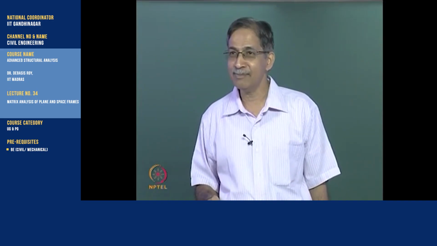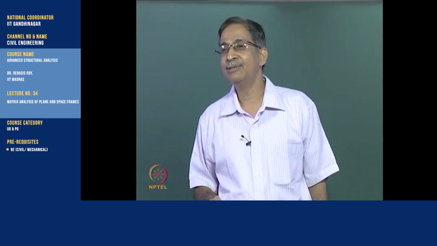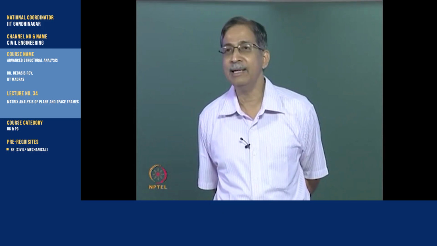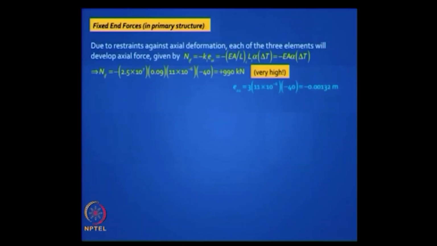But this is alarmingly high, so it is good to also have a check on what is that free length that would give it a 0 value. If you allow it to cool fully, then the extension will be L alpha delta T. L is 3 meters here, alpha is 11 into 10 raised to minus 6, delta T is minus 40. So you just need 1.32 mm. That is a small movement, maybe it will be allowed to do so.